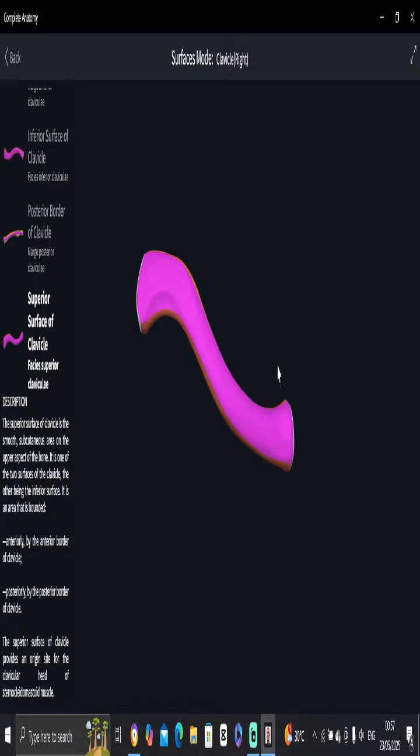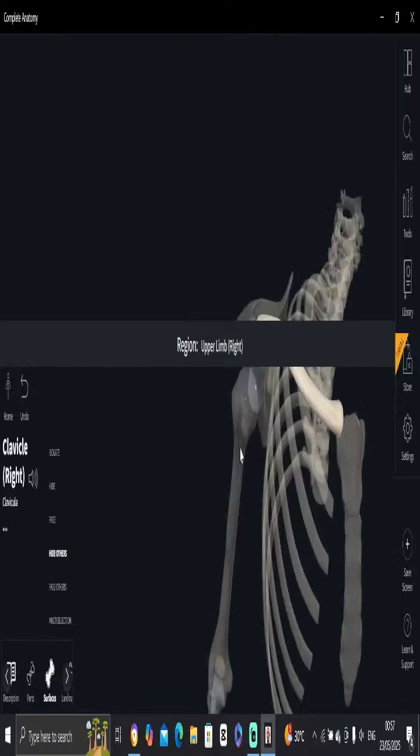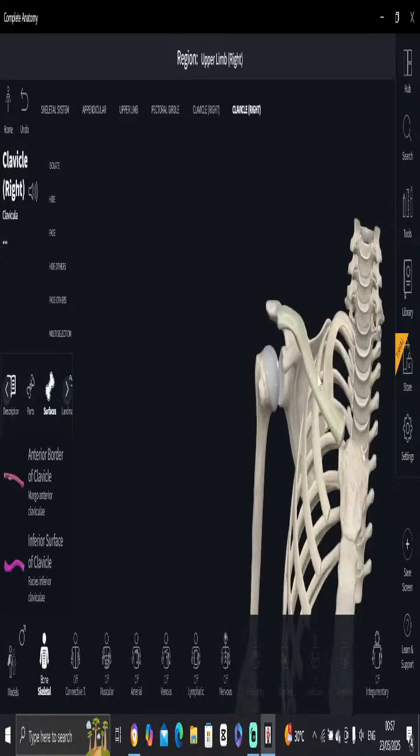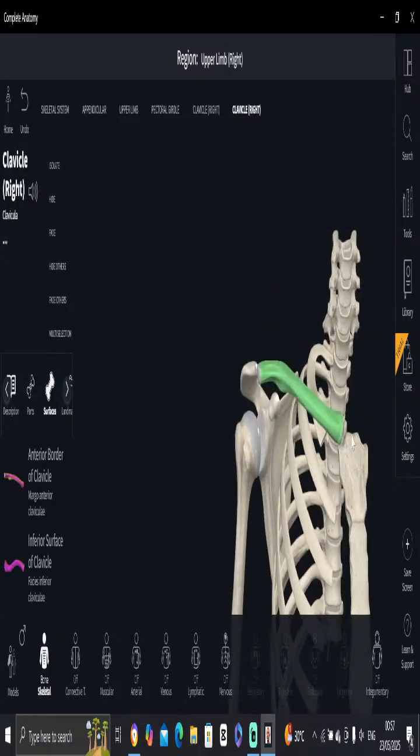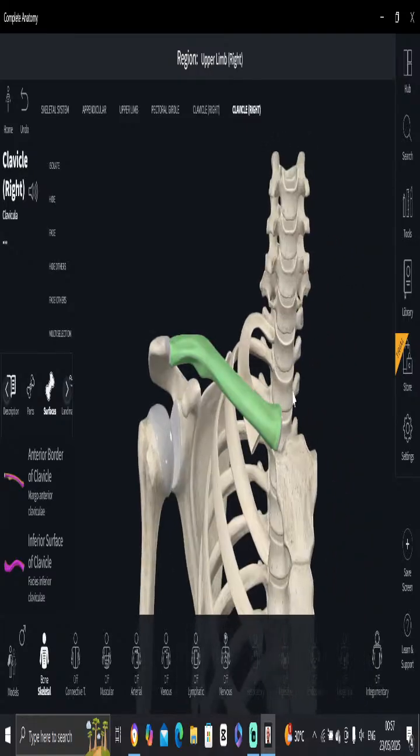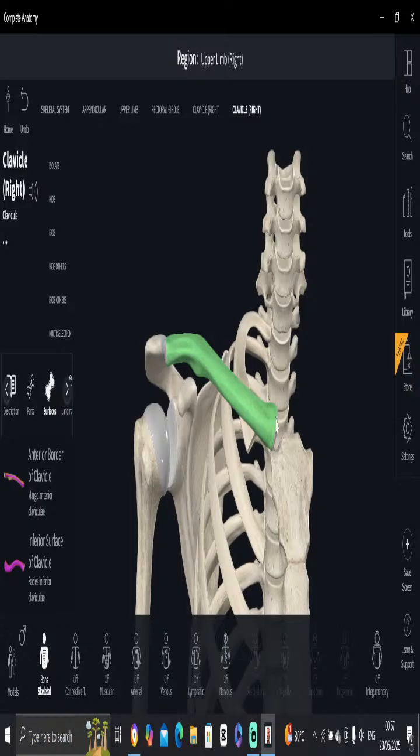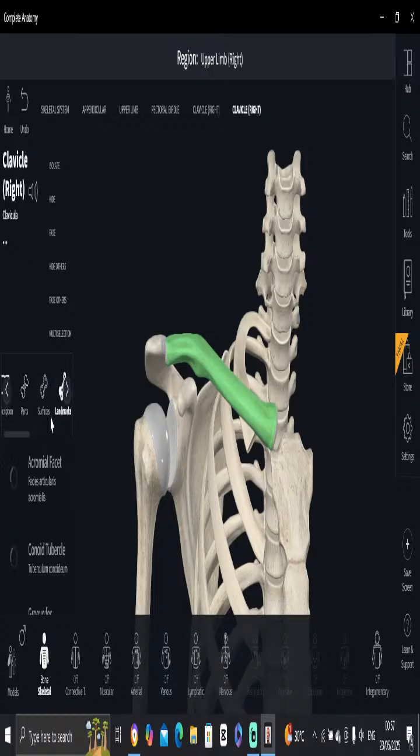So if we go back to the bone, the sternocleidomastoid muscle has a sternal head which originates from this part of the sternum. The clavicular head originates from this part of the clavicle and moves superiorly to the mastoid process of the temporal bone. So those are the surfaces.